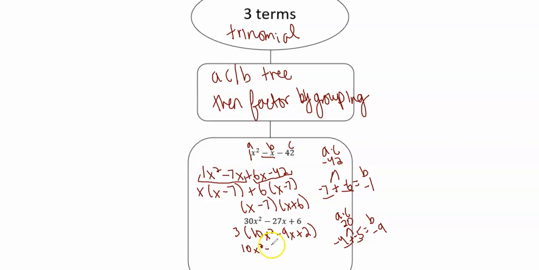So I'm rewriting a negative 9x as negative 4x minus 5x plus 2. I can factor out 5x from these, x minus 1, 2x minus 1. I can factor out a negative 2, 2x minus 1. So that becomes, sorry, right out of space at the bottom, my matching and my leftovers. And I can pull down my 3.